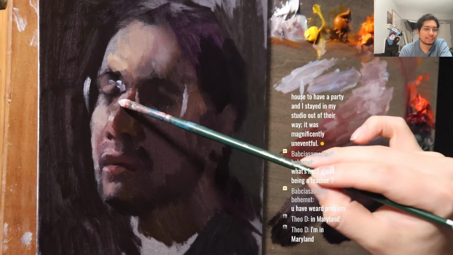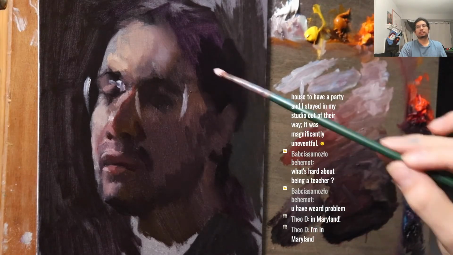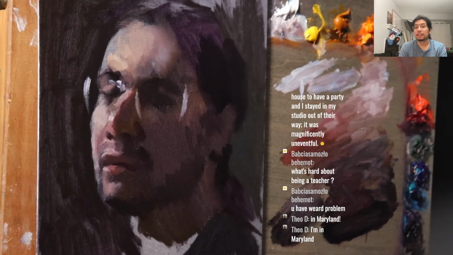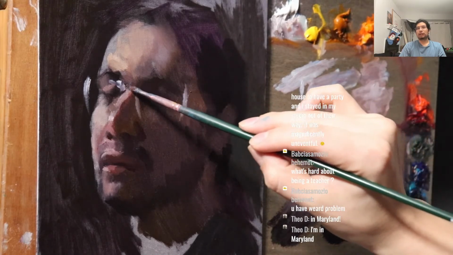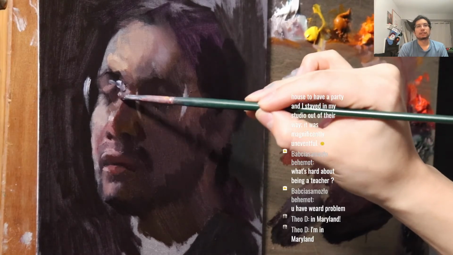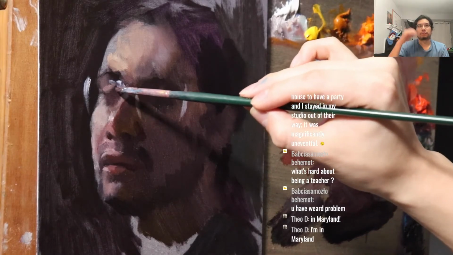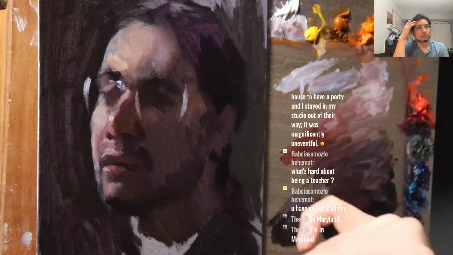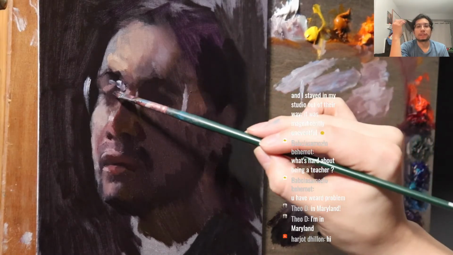What's hard about being a teacher? The hardest thing about being a teacher is the thing I enjoy the most, which is trying to understand what the student is thinking. When you're a teacher, no matter what you're teaching, you have to understand what's going on in your student's mind. Once you understand what they're thinking, you understand their mental blocks, in terms of why they're resisting or why they're not taking in the information.